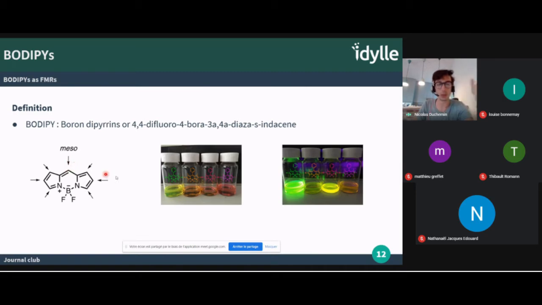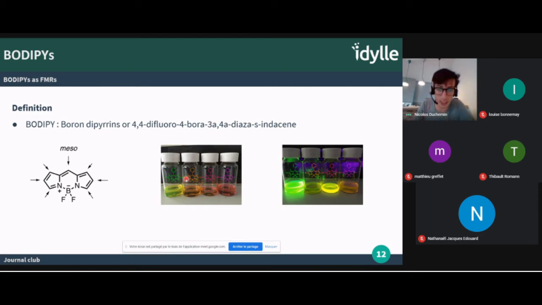What is even more interesting is, as the core of the BODIPY is quite small, substitution with different types of heavy atoms or functions will definitely and very easily change the photophysical properties in terms of emission.